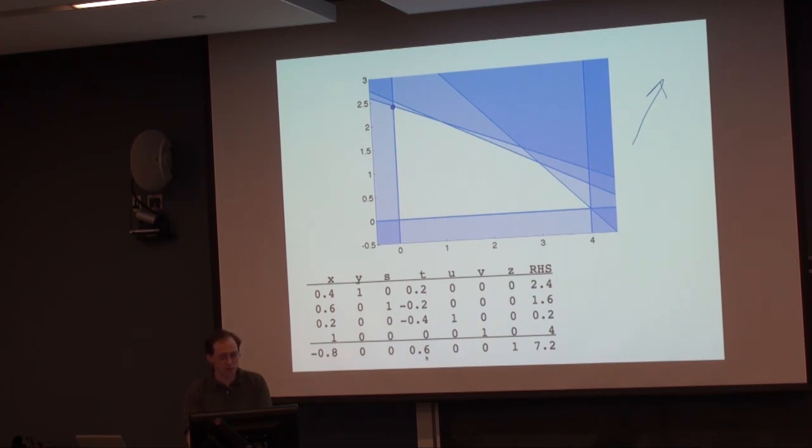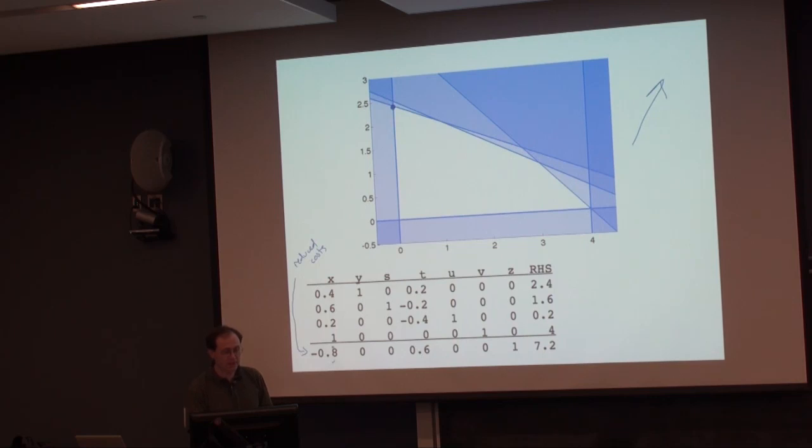These entries in the objective row are called reduced costs. The reason is that they basically tell you which variables it's worth putting into your basis. It tells you the cost for changing directly that variable. So those are useful to have around.